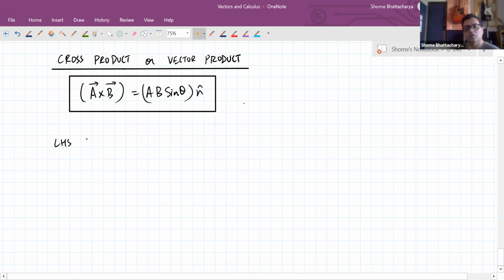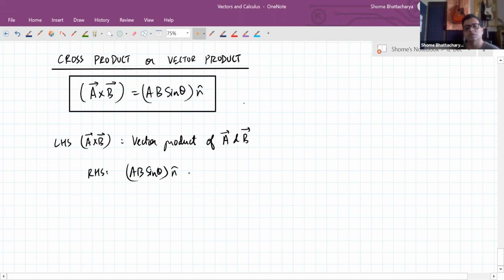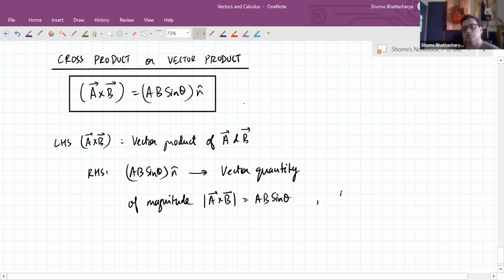So the left hand side is the vector product of two vectors A and B. On the right hand side, this gives us a vector quantity such that the magnitude is AB sine theta, where as usual A and B represent the magnitudes of the vectors A and B, and theta is the angle between them.